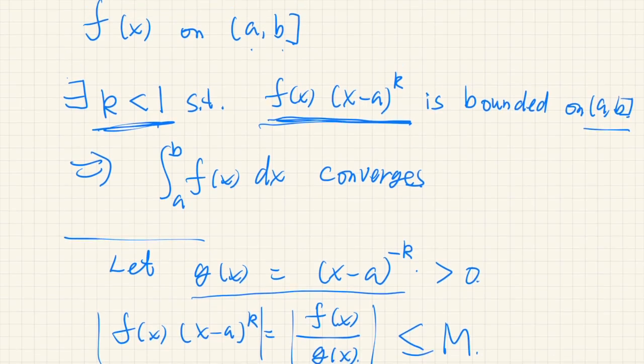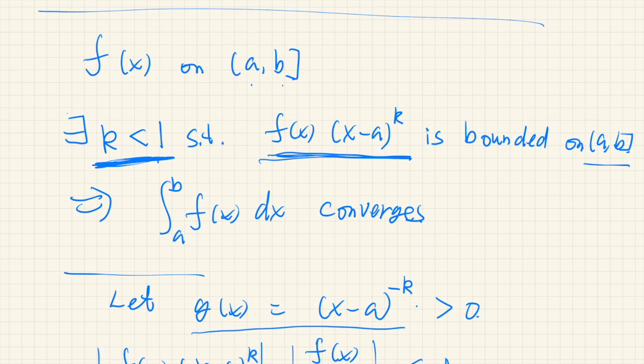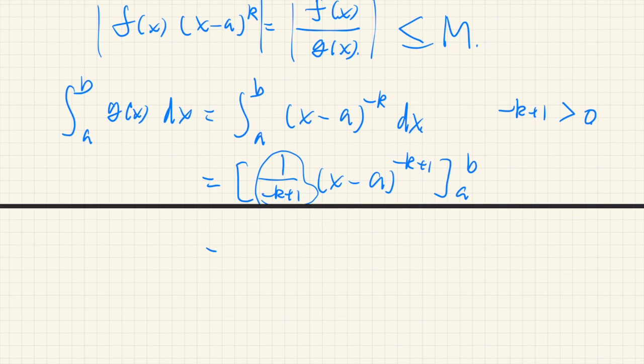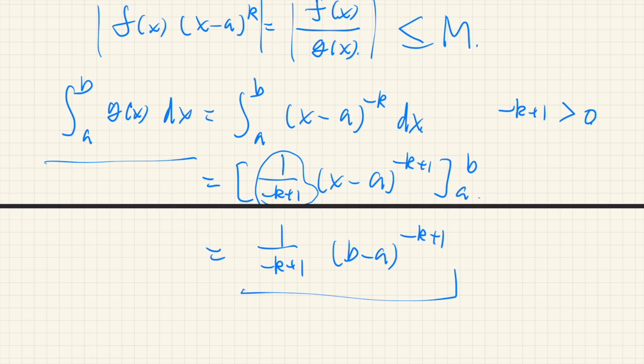By assumption, k is less than 1, so negative k plus 1 is positive, and we can safely divide by it. This becomes 1 over negative k plus 1, times b minus a to the power of negative k plus 1, and if we substitute a, that's 0. So this integral does exist.